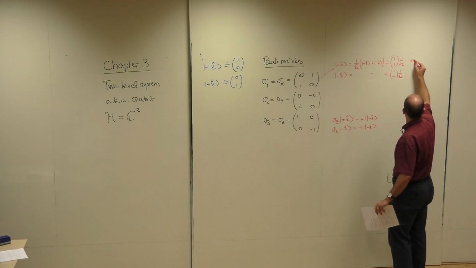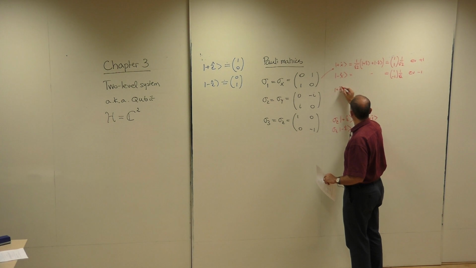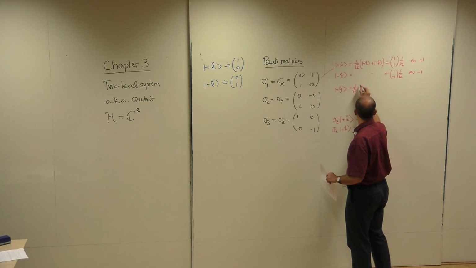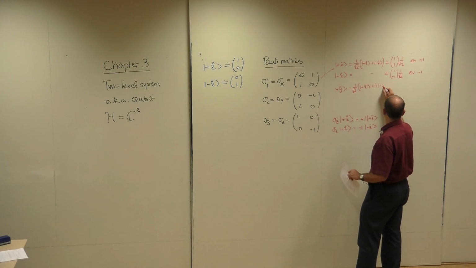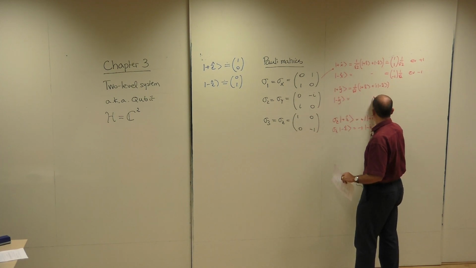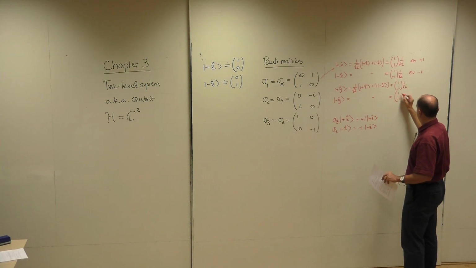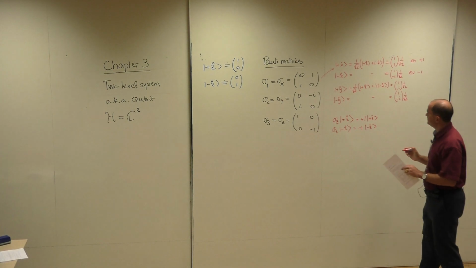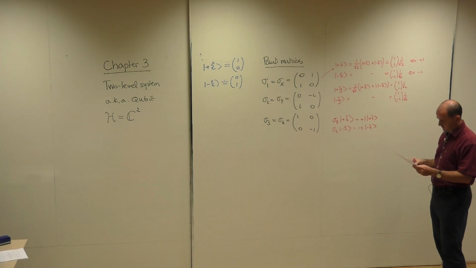Again, eigenvalue plus 1 for sigma x, eigenvalue minus 1. And for this one, sigma y, plus y is equal to 1 over root 2, similar to this, but with an i here, for eigenvalue plus 1 of this matrix. Minus y is the same with a minus. So again, this would be 1, i over root 2, and this would be 1, minus i over root 2. Okay, so these are the eigenvalues and eigenvectors of these matrices.